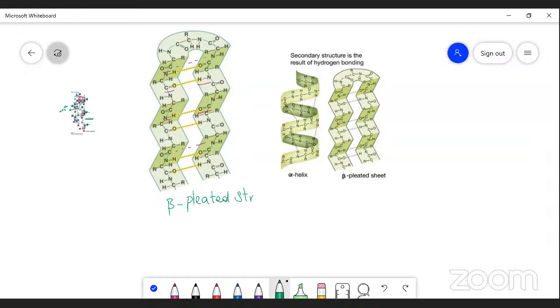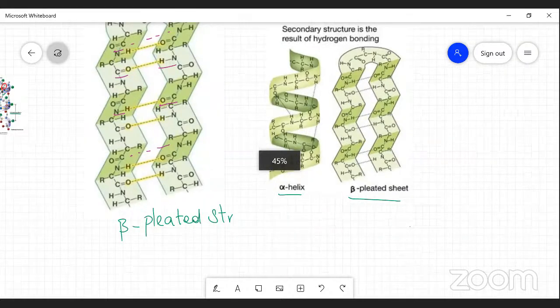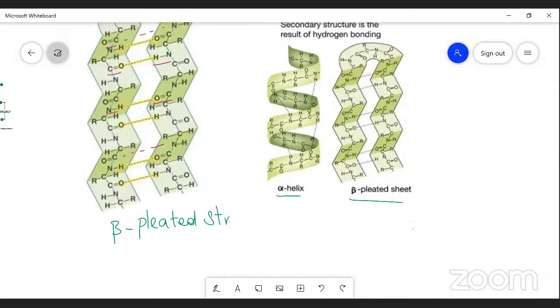Now, this is the alpha helix structure. Compare the alpha helix structure and the beta pleated structure. The number of hydrogen bonds is maximum in the beta pleated structure.